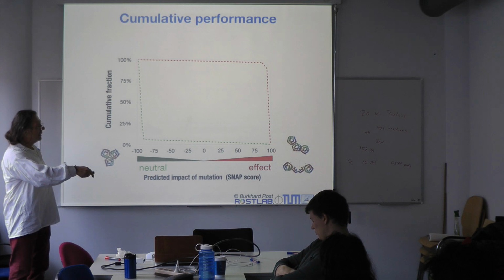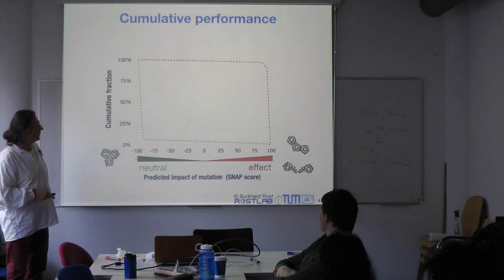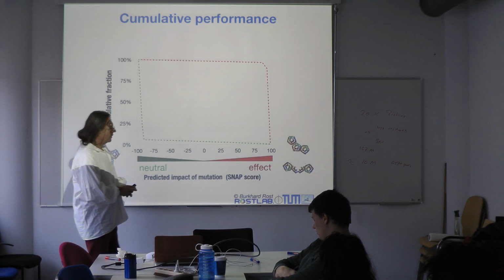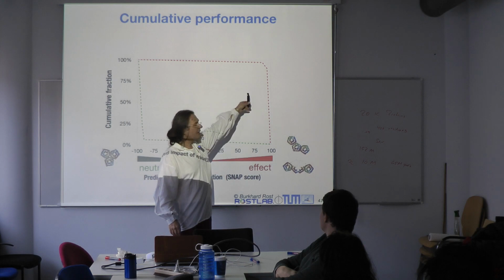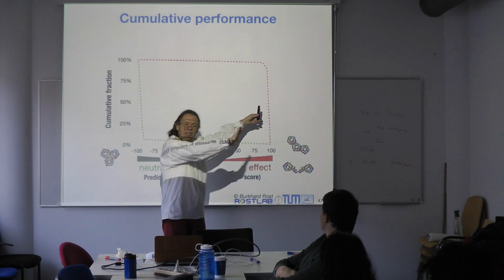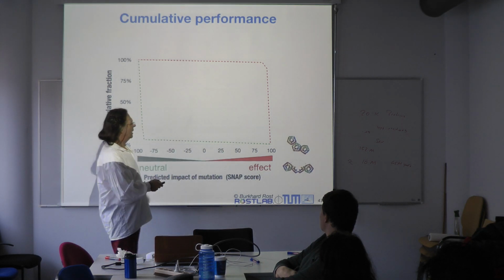Again, the SNAP score: 100 means very strongly predicted to have an effect, minus 100 very strongly predicted to be neutral. Cumulative means that I put a certain threshold at a number, say 75, and I ask, for my entire data set, to the right of that point, what fraction has an effect.